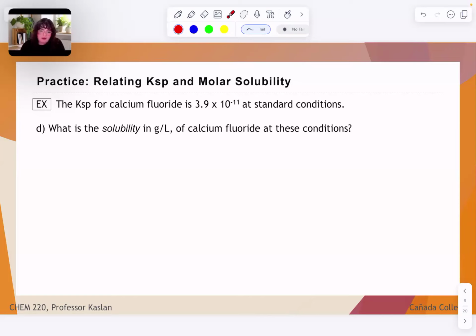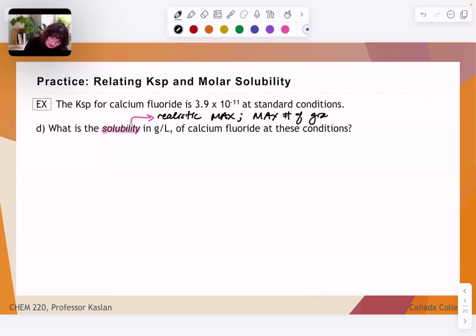We are probably not going to be measuring out in the lab mole quantities, but rather mass quantities of that salt. So I've asked in this question what the solubility of the substance is. This is our realistic max, which says this is the max number of grams of solid dissolvable per 1 liter.